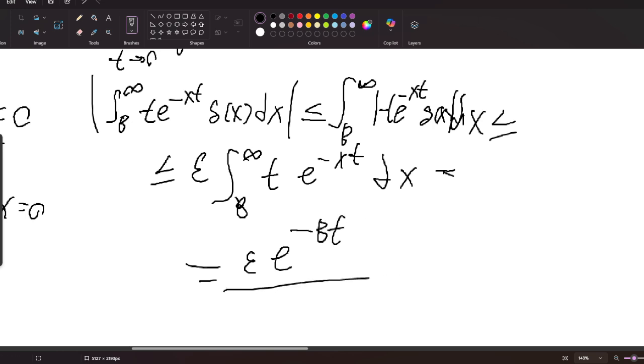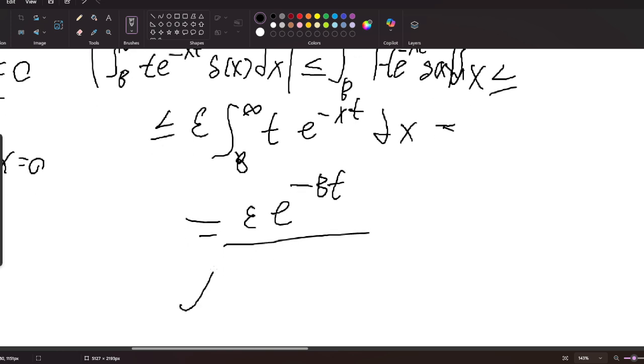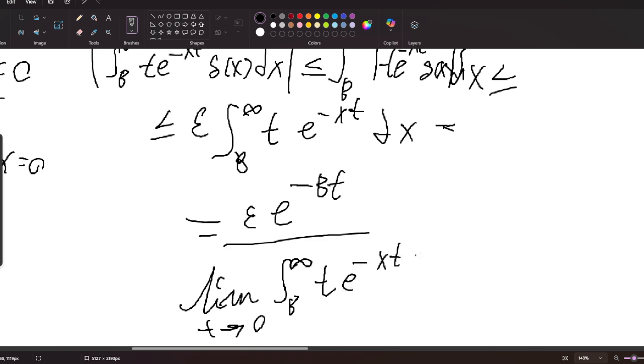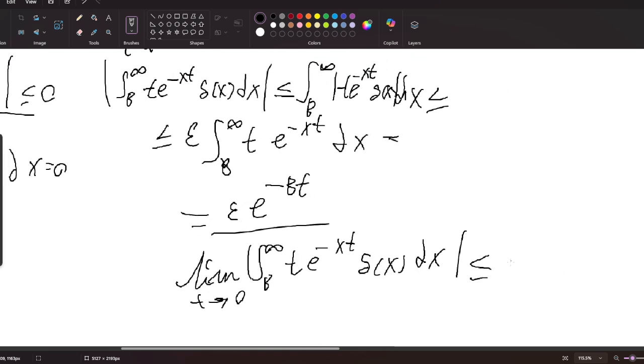This is what we get, and now as we take the limit as t approaches 0 of the integral from b to infinity of t times e to the power of minus xt delta x dx, and let's take the absolute value of it, it's going to be less than or equal to the limit as t approaches 0 of this expression, which is going to be just epsilon.